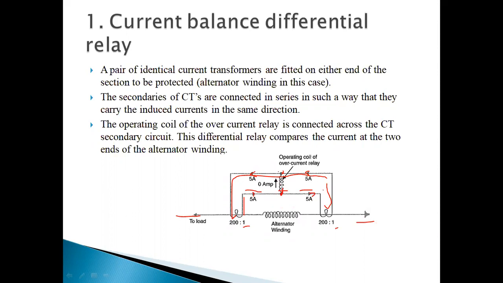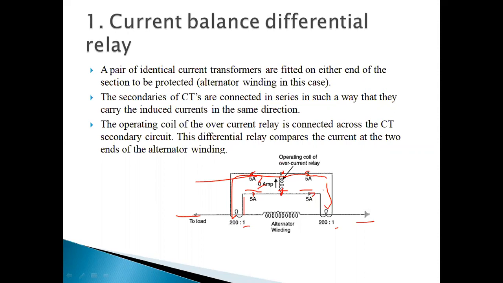Therefore, whatever be the difference of current flowing through this operating coil is equal to 0 ampere. But if the input current is different from the output current, then some current will flow through this operating coil.